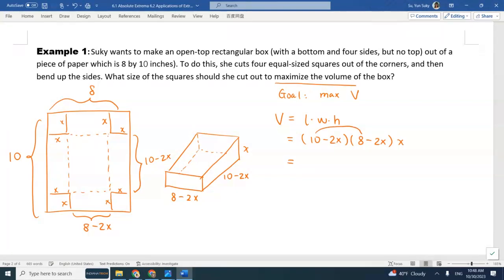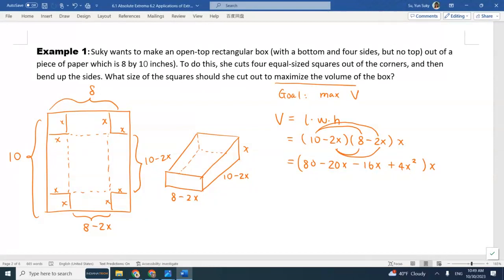Okay, what is 10 times 8? 80. 10 times negative 2x? Negative 20x. Negative 2x times 8? Yeah, negative 16x. Negative 2x times negative 2x? 4x squared. And we multiply by x.